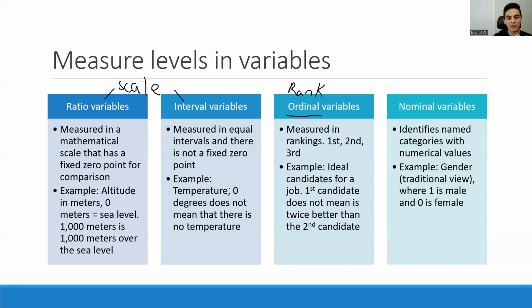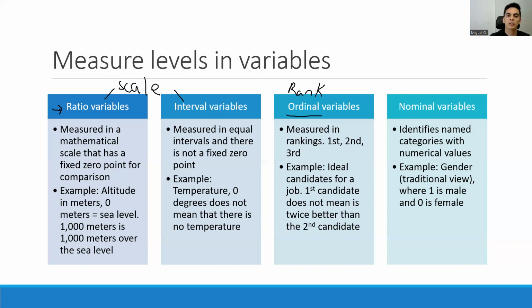But in the end, 0 in Celsius doesn't tell you that much. But in the other scale, Kelvin, 0 degrees Kelvin actually means the absence of temperature. So Kelvin is a good example of a ratio variable, but Celsius is more like an interval variable. In the end, the important thing is that you understand the difference from this scale. If you have an absolute 0, then it's ratio. If you don't have an absolute 0, interval.